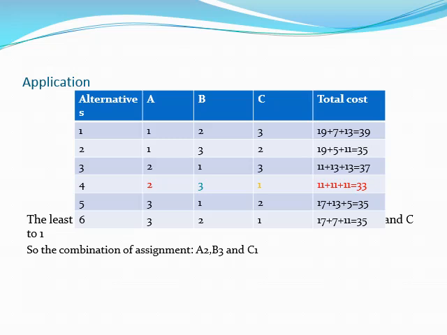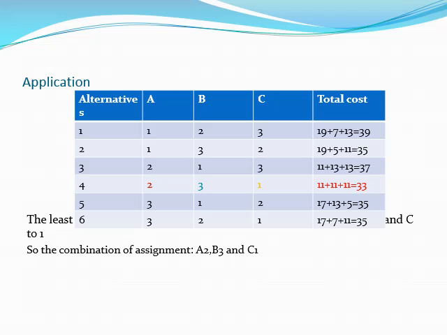If we assign machine B to implement job number 3, sorry, it costs 11. If we assign C to implement job 1, also it costs 11. The total cost is 33.